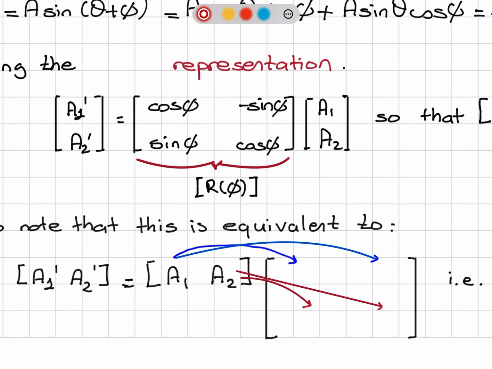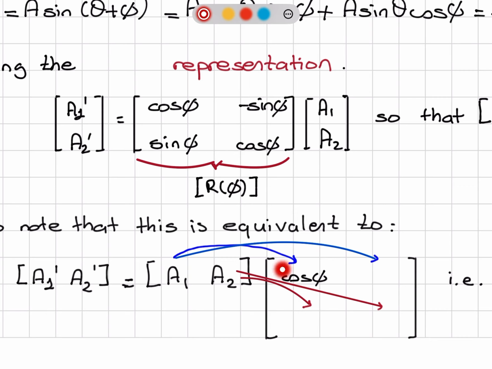So that means I have A1 prime is equal to A1 times cosine phi, so that's the first term here, and A2 times minus sine phi.